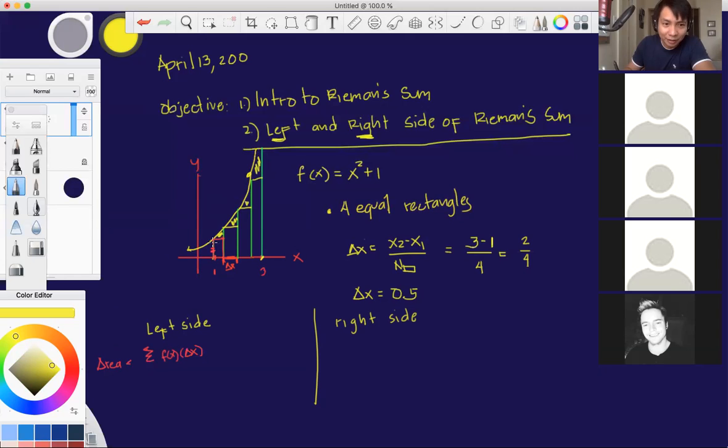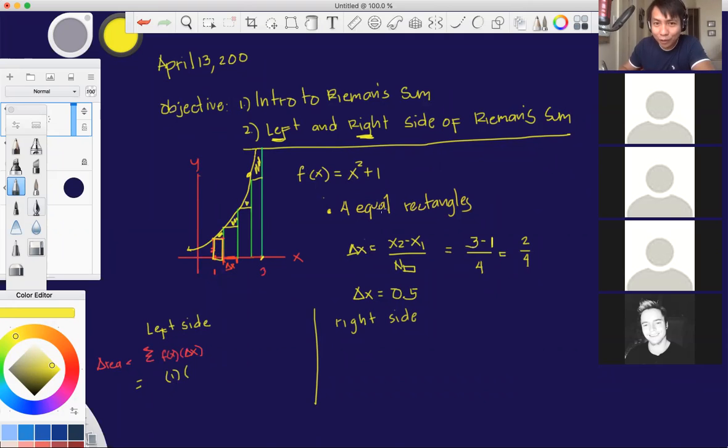So again, let's try to figure this one out. Left side, let's consider this rectangle first. What's the value of our x, guys, if we're considering the left side? 1. So you'll have 1 multiplied by, what's the delta x again?